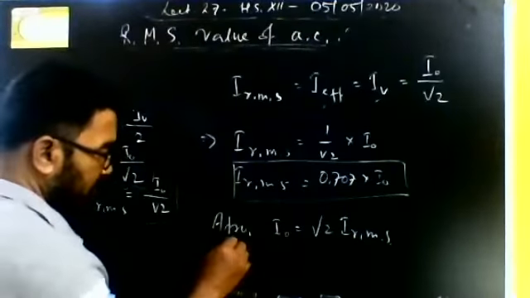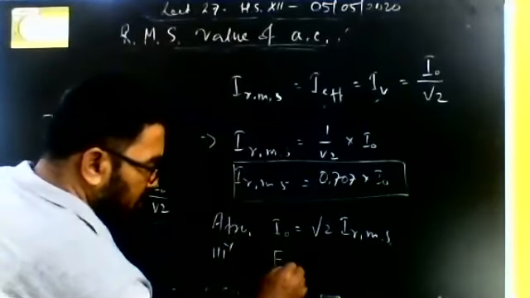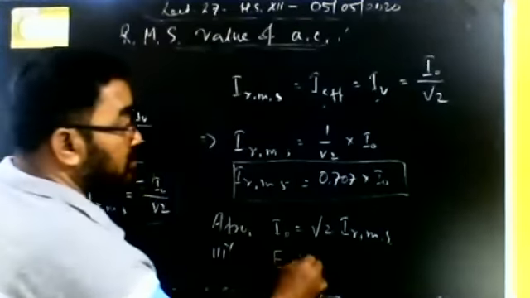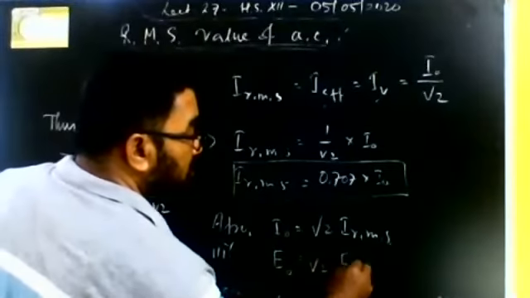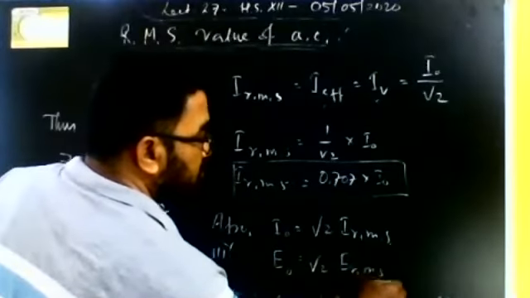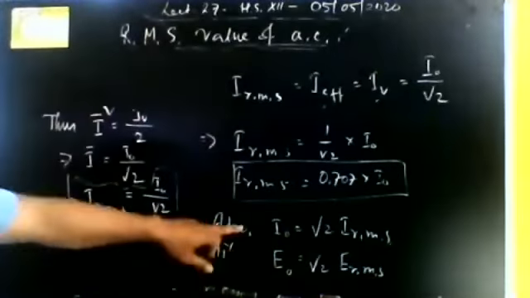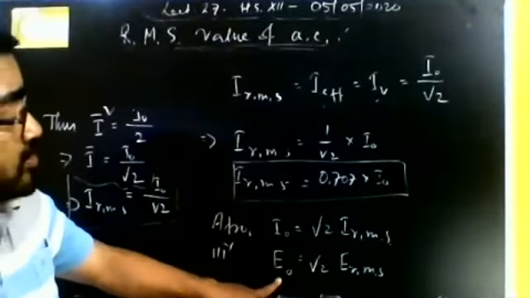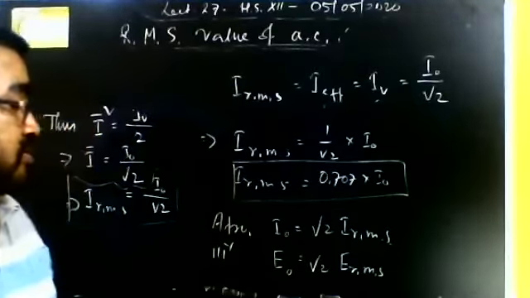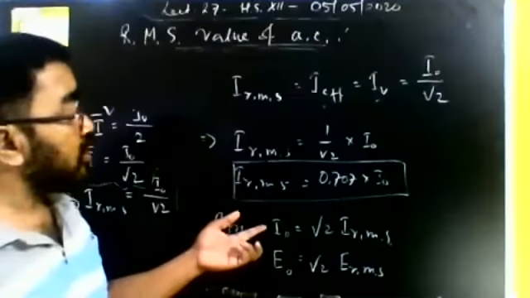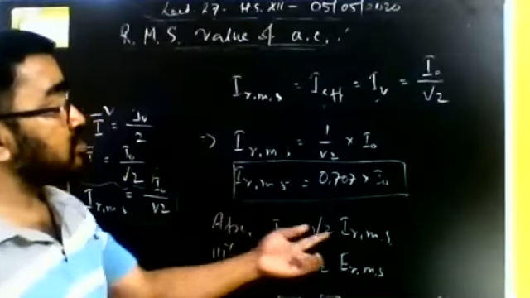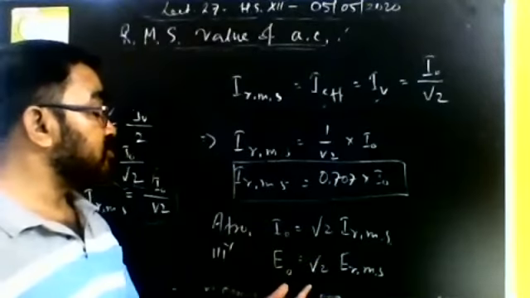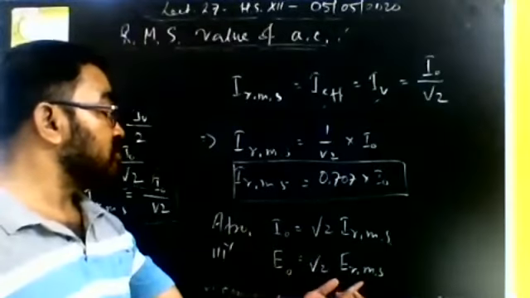Similarly, the peak value of alternating EMF is equal to root 2 times RMS. So this is the relation between the peak value of alternating EMF and the RMS value of EMF. In the same way as current relates to RMS current, EMF also has the same relation between RMS value and peak value.